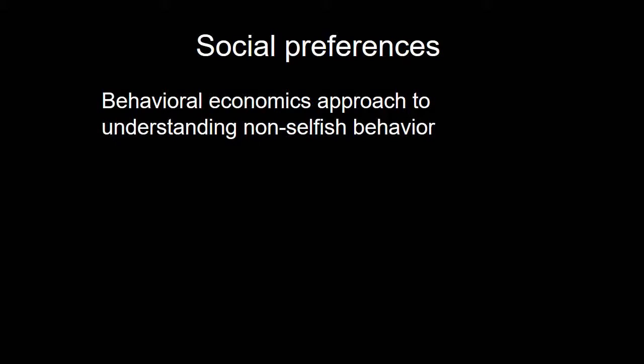And then we went on to talk about behavioral economics and social preferences. Social preferences being this sort of standard approach in behavioral economics for explaining why people do things that aren't consistent with rational self-interest.